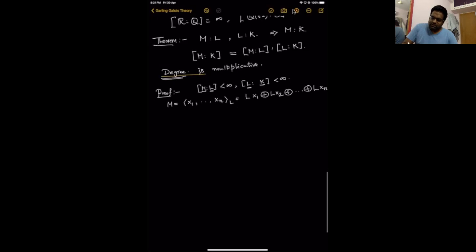Similarly, L, let us say its degree is m, is a vector space over K with basis y1, y2, and so on, up to ym.